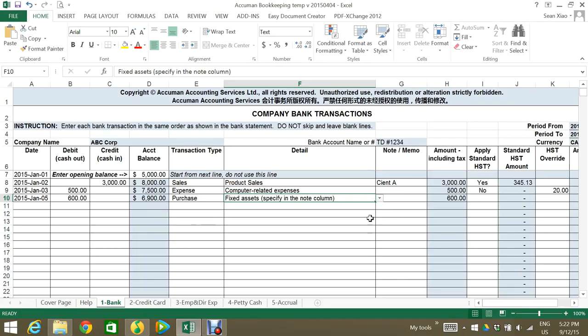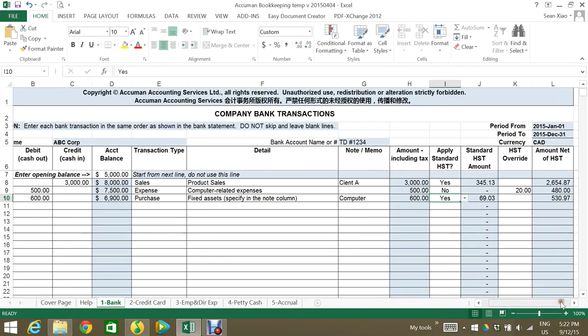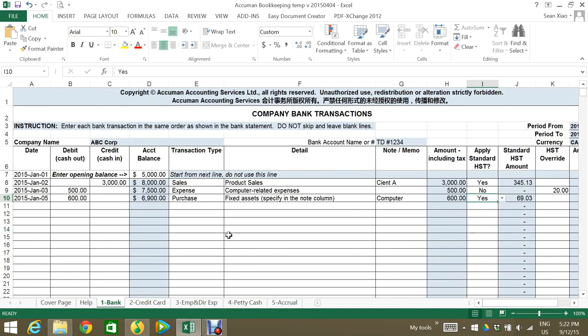So you bought a computer, so you put in whatever note you want, and there is HST, yes. So let's assume that's all the transactions in January. And by comparing this ending balance of $6,900 to your bank statement, if everything matches, that means your bookkeeping record is all right.